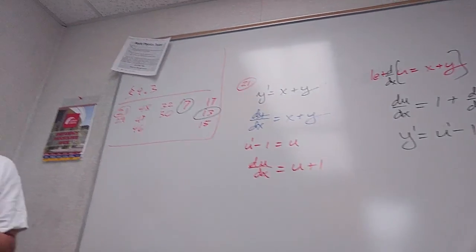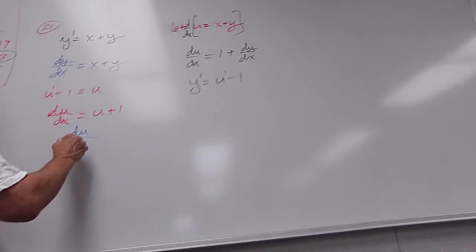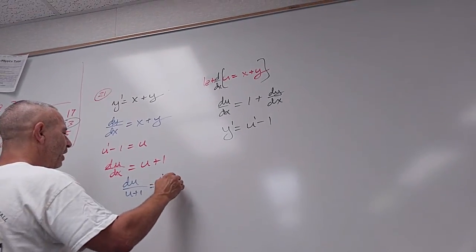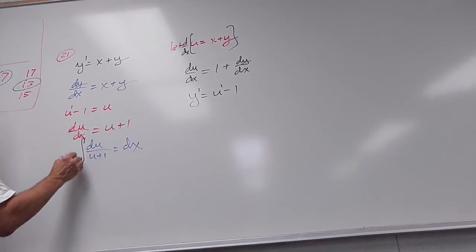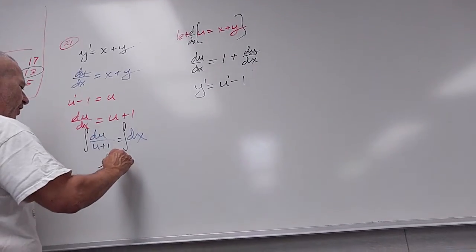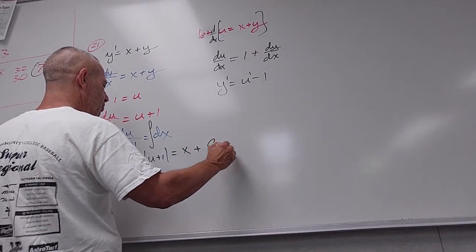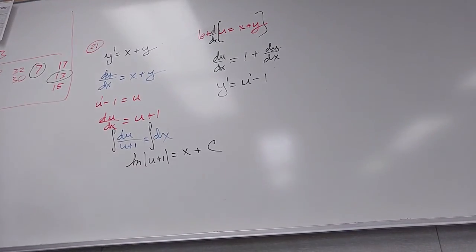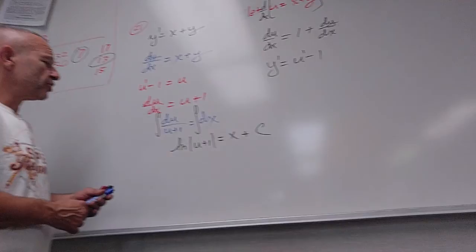Now I can separate it. Right? du over u plus 1 equals dx. We can integrate. So I get ln absolute value of u plus 1 equals x plus an arbitrary constant. They did not give us any initial conditions here, so I'm not going to be able to find the arbitrary constant.